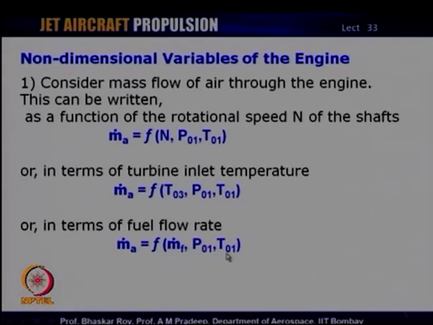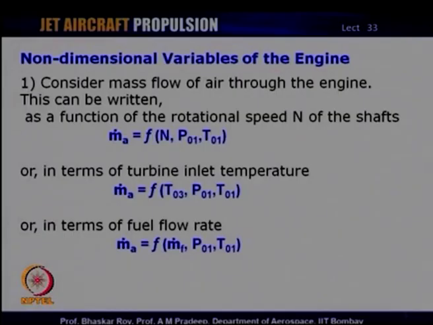See, in a sense all three of them are true, that the mass flow through the engine does depend on all these parameters put together. That means, not only P01, T01, with which of course, the flow came in, but the other three important parameters that we talked about, the rotational speed, the turbine inlet temperature and the fuel flow rate.